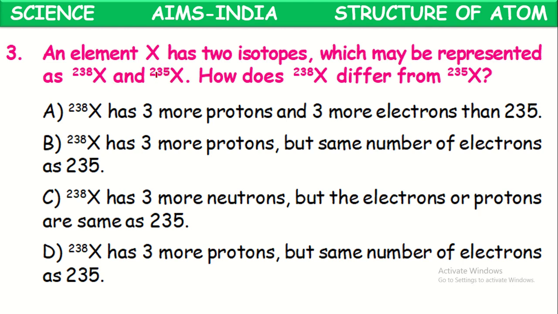One has nucleon number 235 and the other has nucleon number 238. So the difference is because of the greater number of neutrons in X238. How many? 3 neutrons. So X238 has 3 more neutrons, but the electrons and protons are the same as in X235. This is correct. Only the number of neutrons differs for isotopes.